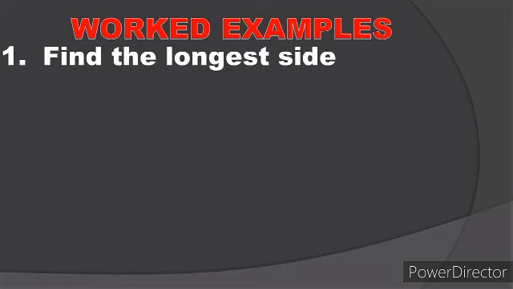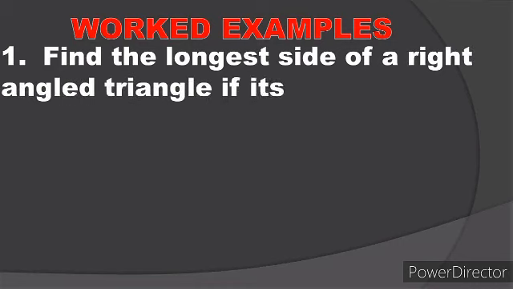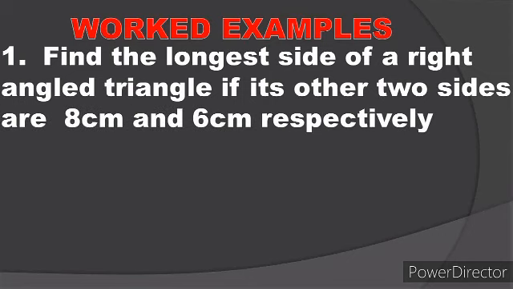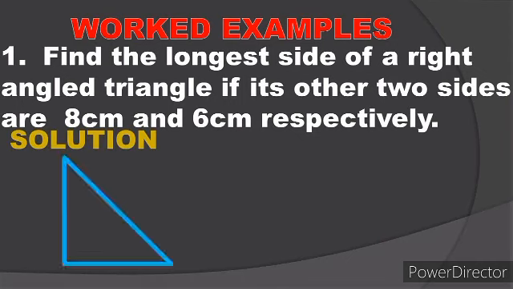Example number 1 says find the longest side of a right angle triangle if its other two sides are 8 cm and 6 cm respectively. Now when you solve, you have your right angled triangle. Remember, we are looking for the longest side.